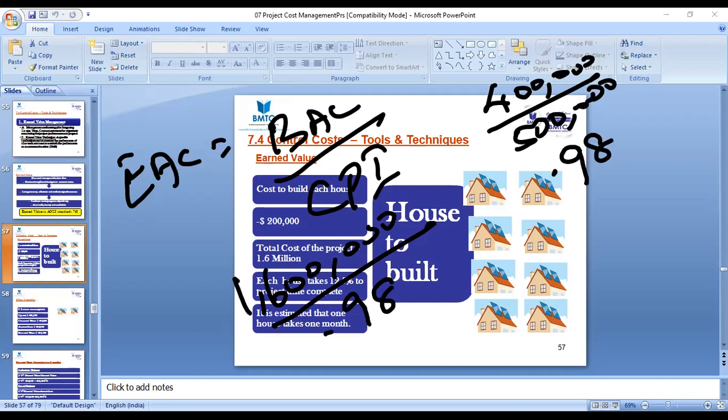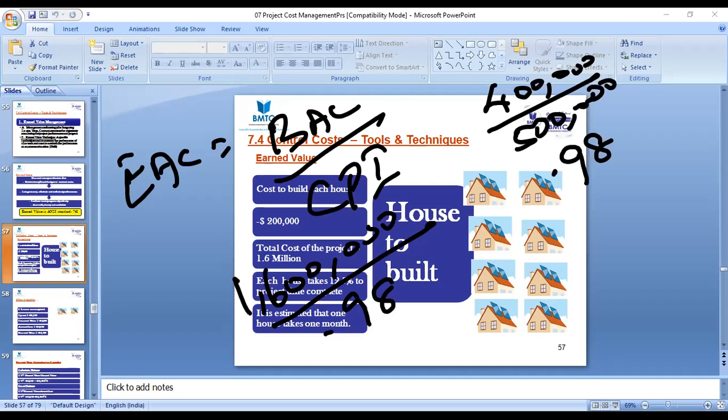If you want to predict your scenario like this, what will be your estimated completion for the project? Give me the answer, guys. 1.6 million divided by 0.98?